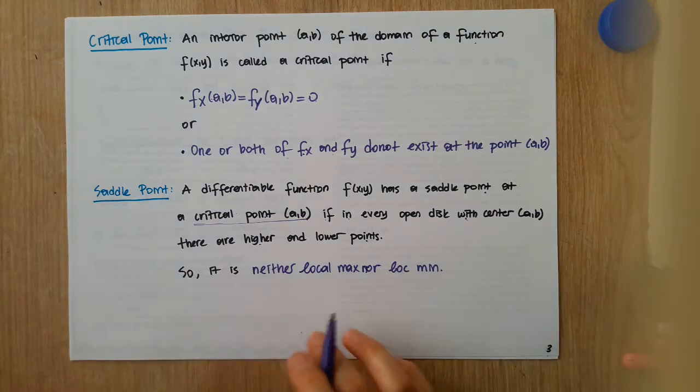If you have a saddle point, it is not a local maximum or a local minimum, because you can find points at which your function takes values higher and lower than f of (a, b).